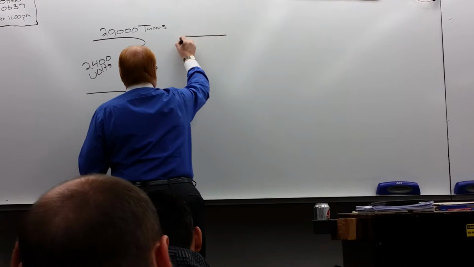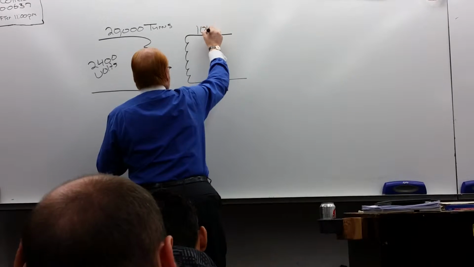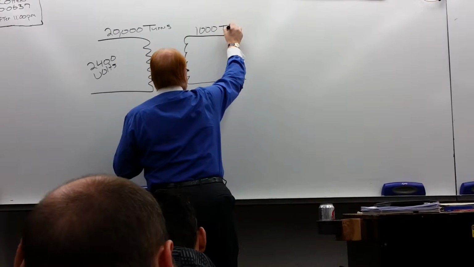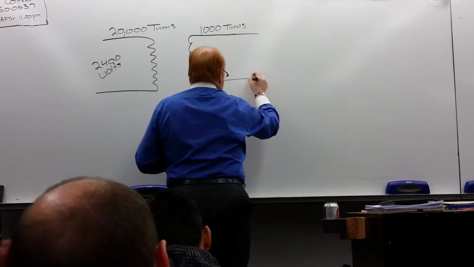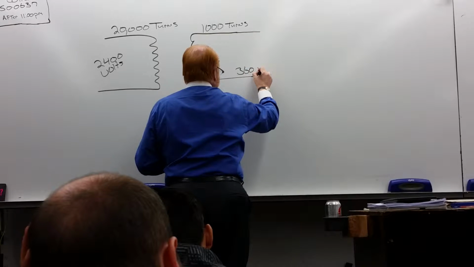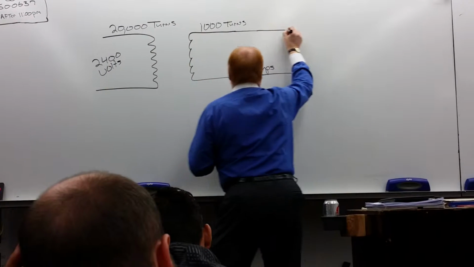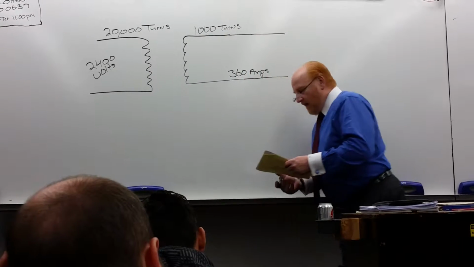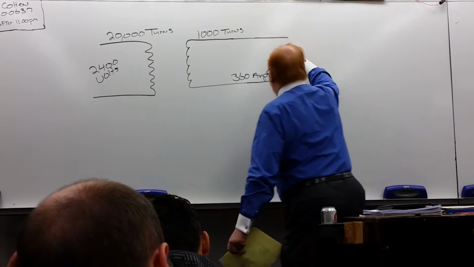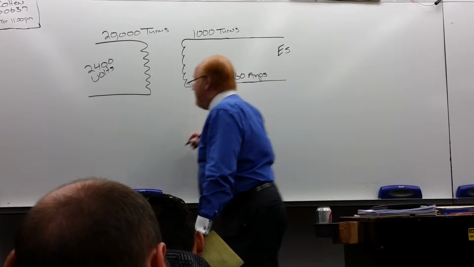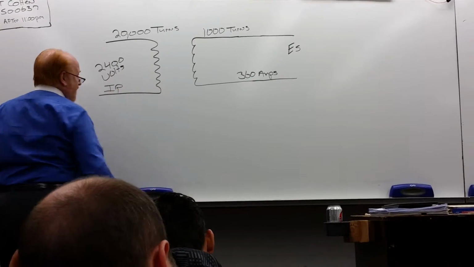On our secondary side, we'll say that we have 1,000 turns with 360 amps given to us on our secondary side. Obviously, we would like to find the voltage of the secondary side and the current on the primary side.